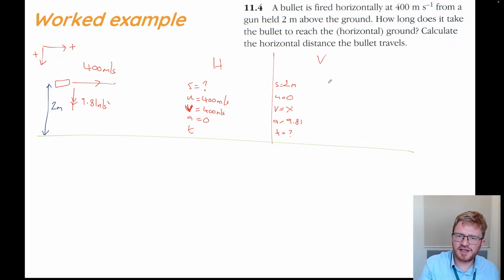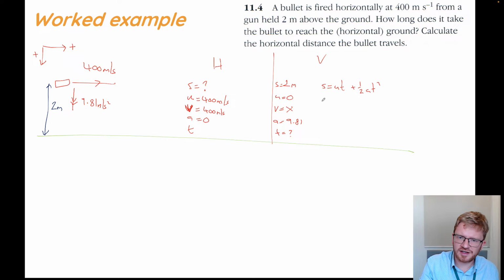Okay, so I want to find an equation that has t in it, but does not have v in it. There are a couple of different ones that I could use. I'm just going to go for one that I remember off the top of my head. S is equal to ut plus a half at squared.